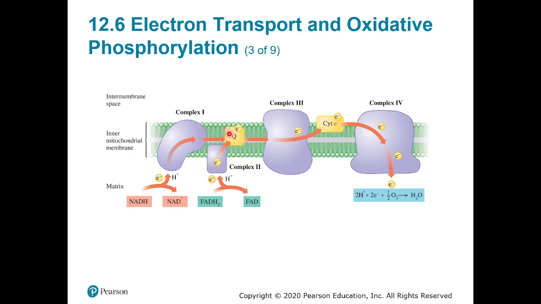So if it's charged, you wouldn't be able to be in there. Okay, complex 3 then is going to use these Qs, and it's going to be transferring those electrons off onto cytochrome C. Now, it's accomplishing more than just transferring the electrons. It's pumping protons through. But for now, we just need to concentrate on where our electrons go.